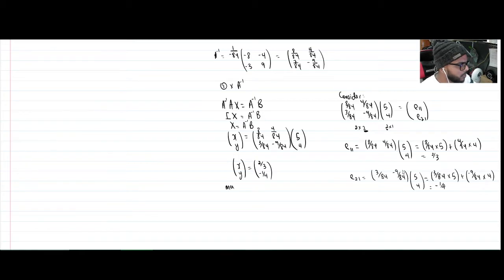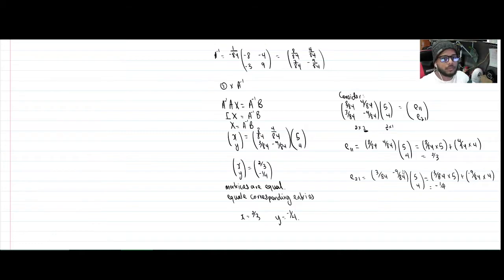So we state the matrices are equal, equate components, or equate corresponding entries. I get x is equal to 2/3, and I get y is equal to negative a quarter, and that's it.